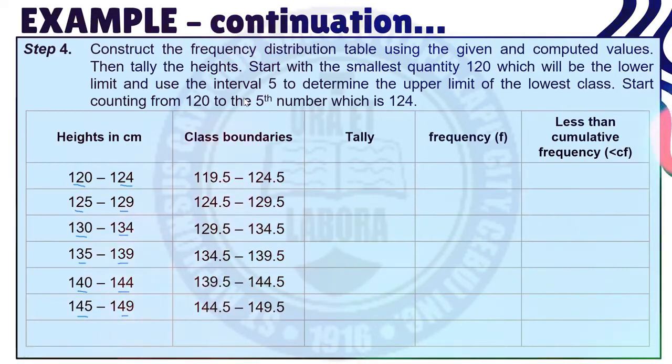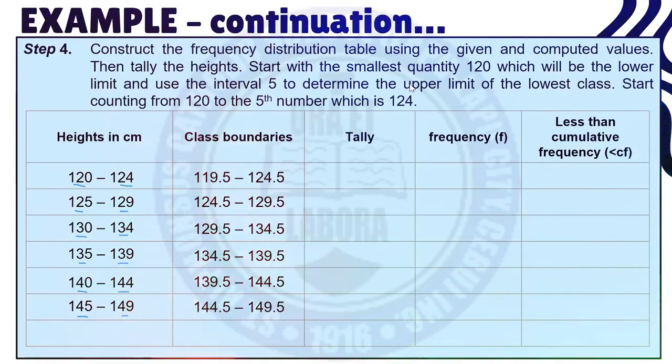So in this case, we have the following lower boundaries. So the lower boundaries are the following. We have 119.5, 124.5, 129.5, 134.5, 139.5, and 144.5.